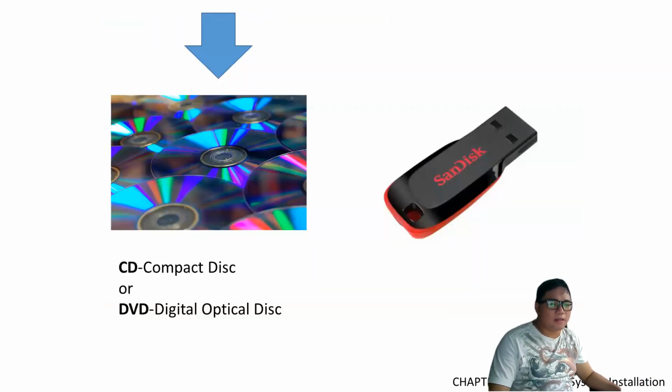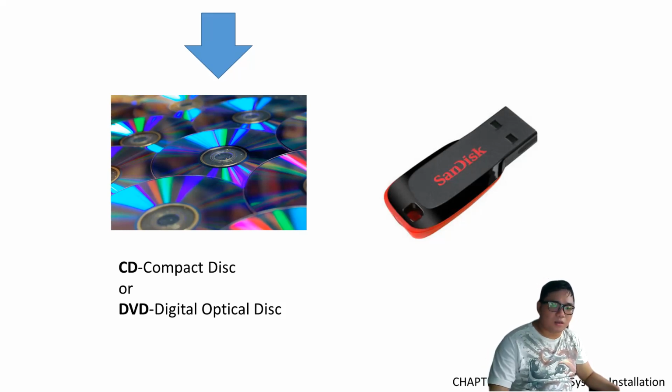We have what we call the compact disc, or digital optical disc, or digital versatile disc, DVD. Some of the operating systems that need to be installed are there. Then there is the flash drive, the thumb drive, the USB flash drive.